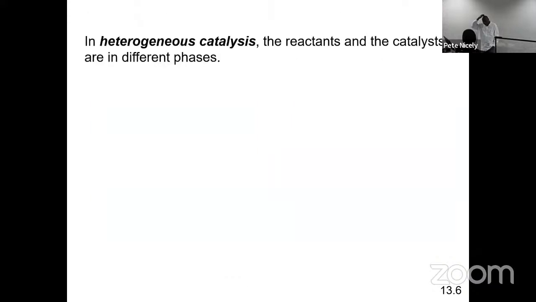let's talk about the different types of catalysts that demonstrate this sort of effect on reactions. They can be put into two broad categories. You have what are known as heterogeneous catalysts, where basically the reactants and the catalysts are in different states or phases, right?